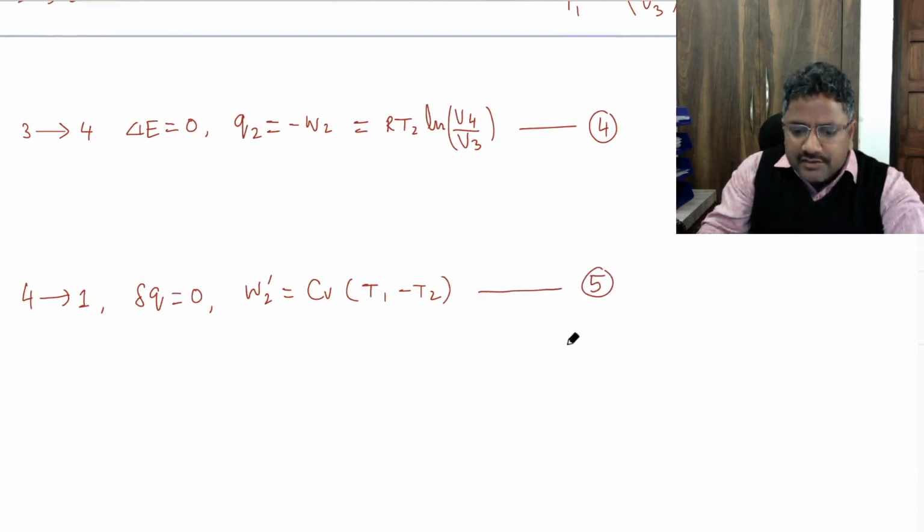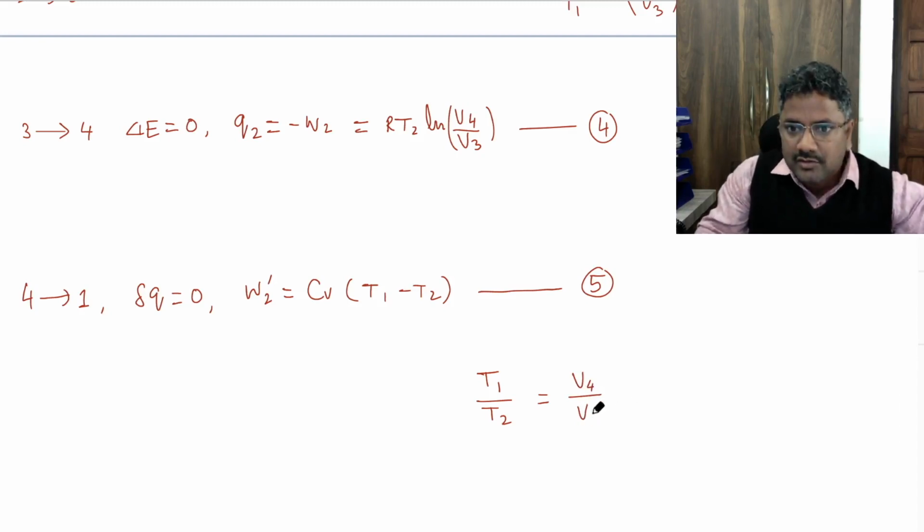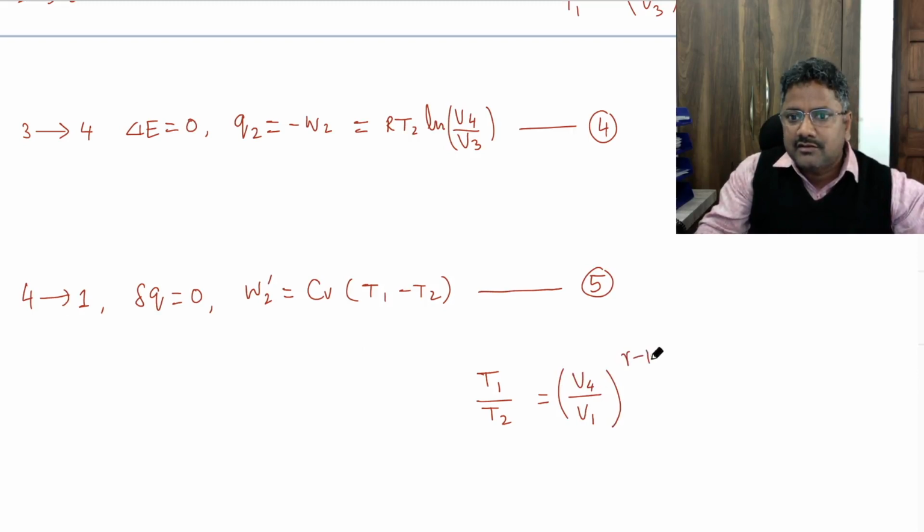And one more equation we can write here: T1 by T2, this is final by initial, is equal to V4 by V1, not V2, V4 by V1, because we are moving 4 to 1, to the power gamma minus 1. This is equation 6.